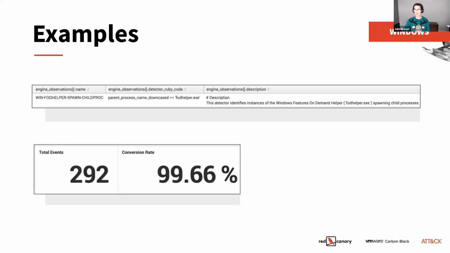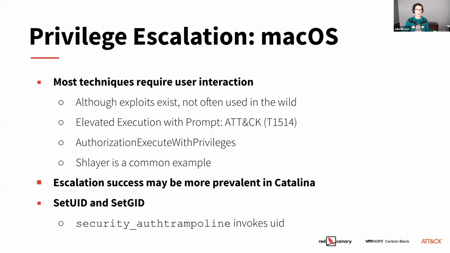So that's a bit of background on how to look for privilege escalation on Windows. Now we're going to transition over to Mac, and Erika is going to tell us a bit about her experience tracking down privilege escalation on macOS.